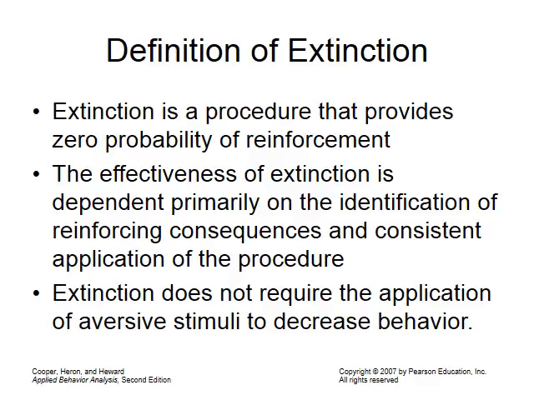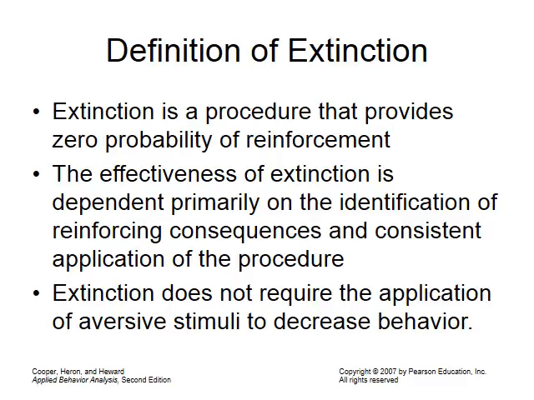The effectiveness of extinction is dependent primarily on the identification of the appropriate reinforcing consequence and then consistent application of the procedure. So in order to do an extinction procedure, you need to identify and know what is maintaining the target behavior.